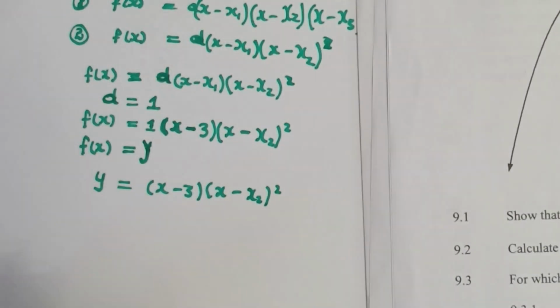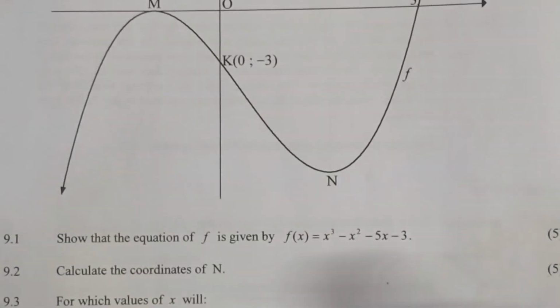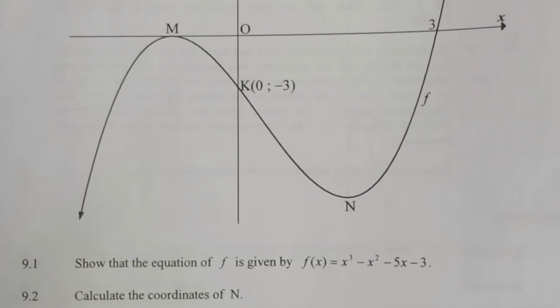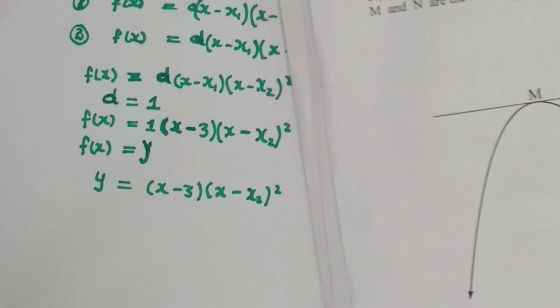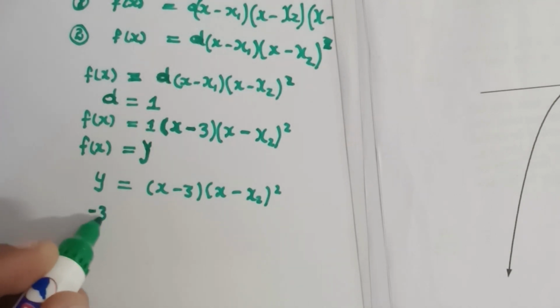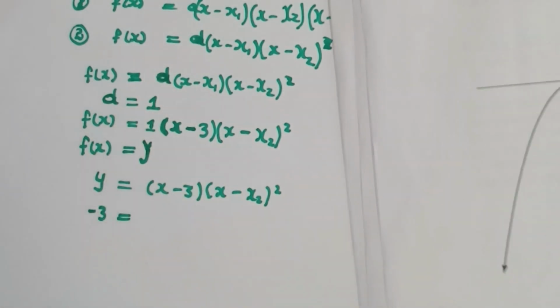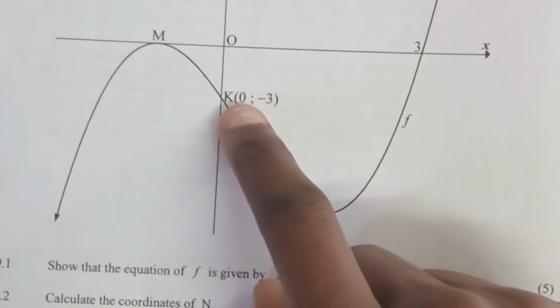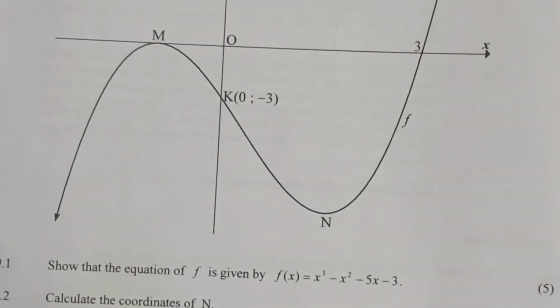Now here the point on the graph is k into 0 is to 0 into negative 3. We're going to take that one, and then we say here is negative 3, because 0 is our x, and then negative 3 is our y.